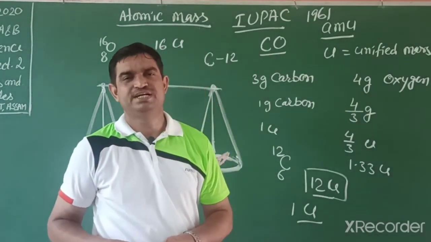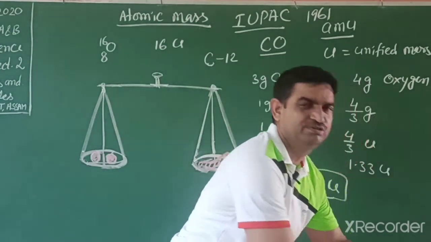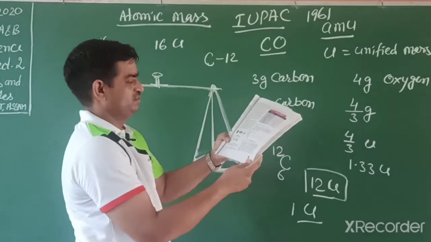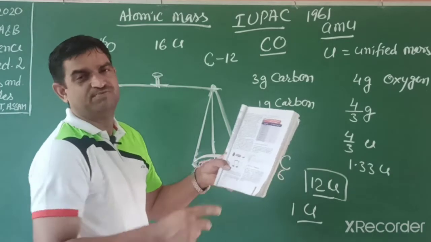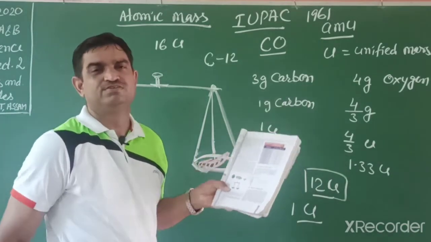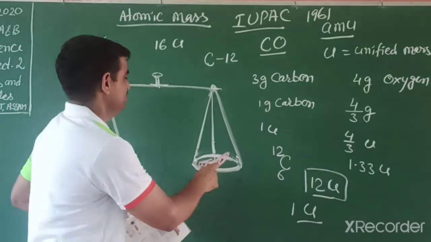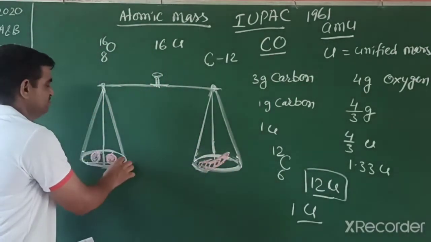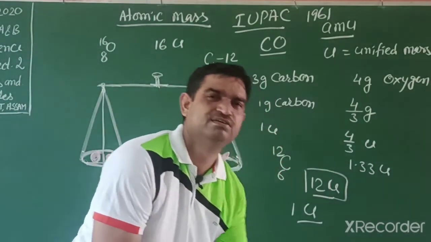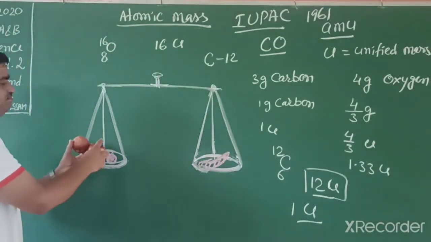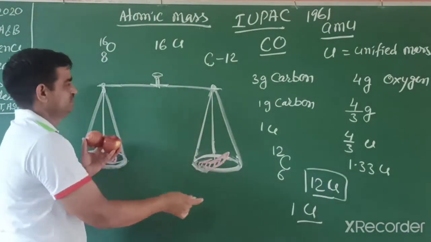So, if we divide a watermelon into 12 equal parts, in your NCERT book, students, at page number 35, it is given that one watermelon is divided into 12 equal pieces. Then you balance that one piece on one pan against, say, 2 oranges and 2 apples, and on the other pan we place 1 piece of watermelon.